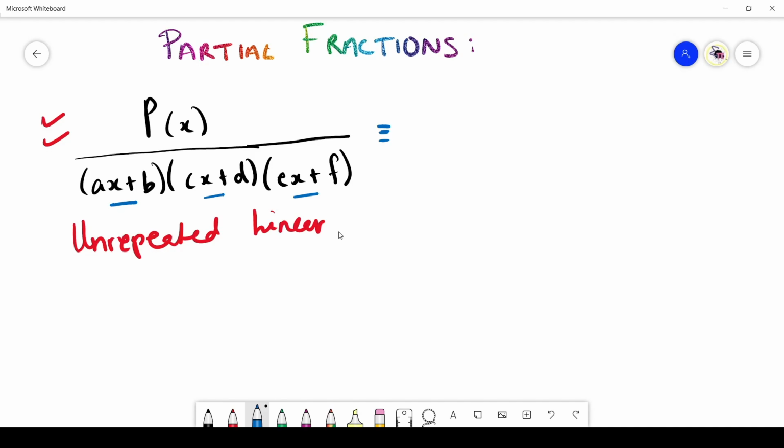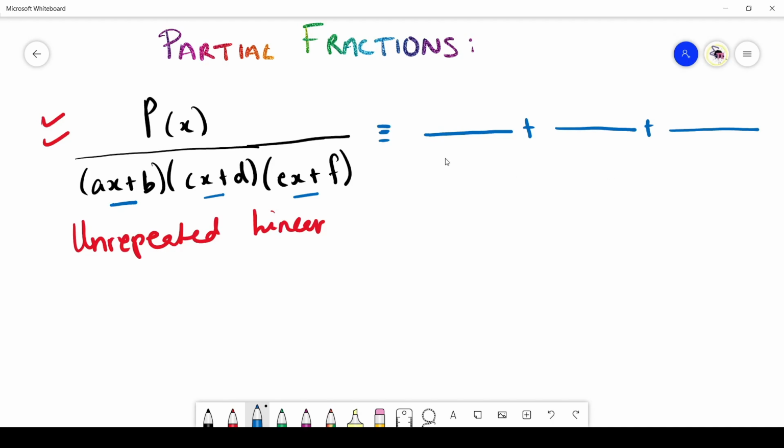In our denominator, we have 3 factors, so we are going to split this partial fraction up into 3 separate fractions. So you can say that the number of factors in your denominator corresponds to the number of fractions you are going to get after the split.